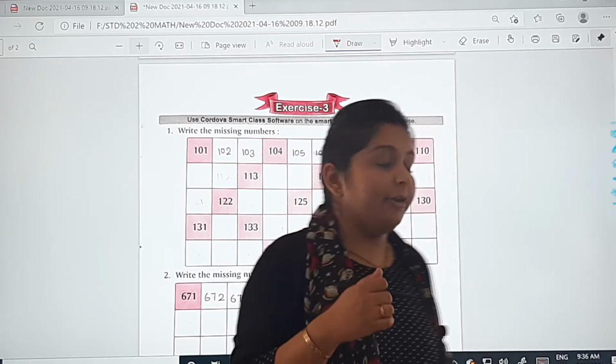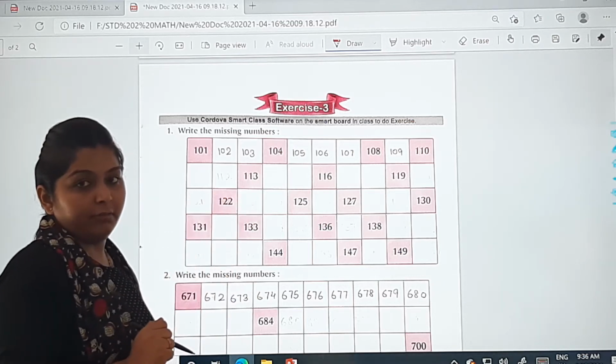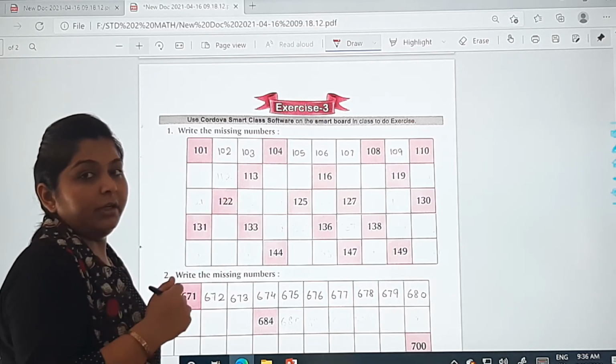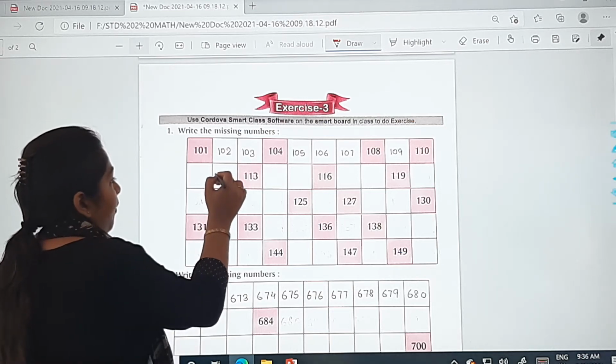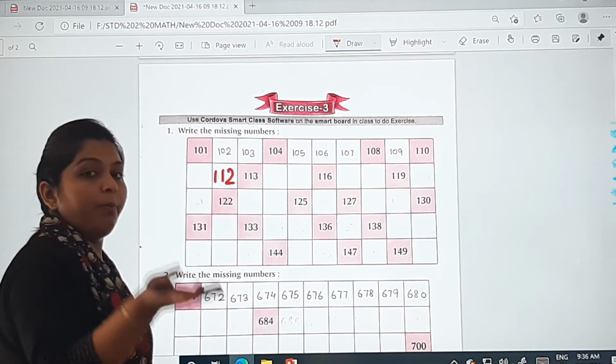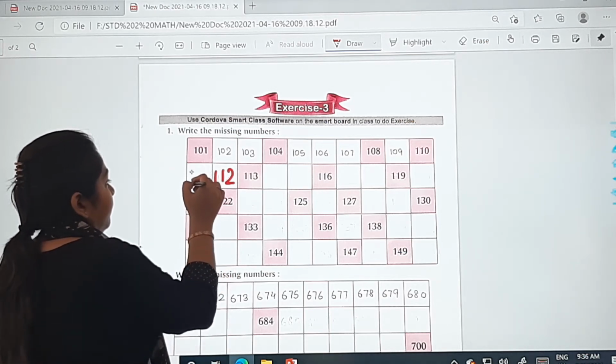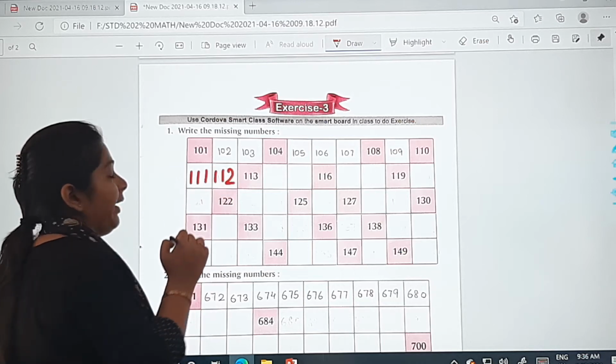Let's see the next line. Okay. Now here 113 is given. Before 113 what will come? It will come 112. Now before 112 what will come? It will come 111.